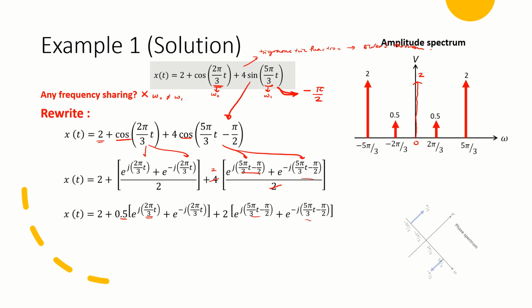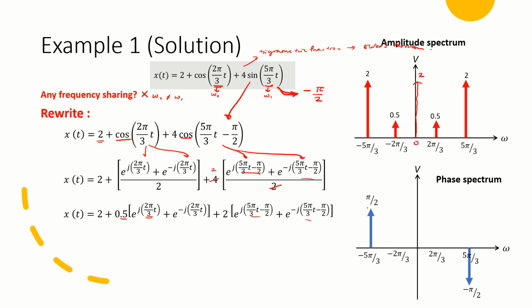Okay, so next is the phase spectrum. The phase spectrum at 0, since there's no value of phase here, therefore it is 0. For the second term, since there's no phase included inside here, it is 0. And then for the third term, at 5 pi over 3 at this omega, the value of the phase is minus pi over 2, so it's going to be minus pi over 2, downward.